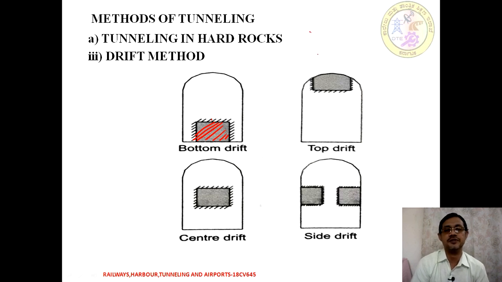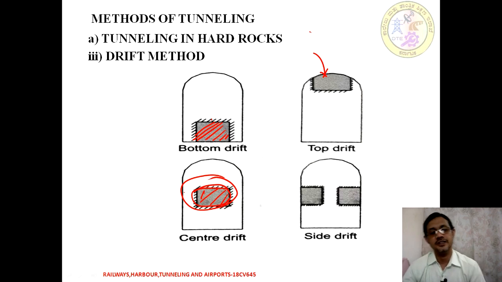Similarly, if you start working from the top, the method remains the same. But if we start drilling the holes from the center, it is going to be advantageous, because as we know, these portions simultaneously can have blasting and ventilation, and it requires a lesser amount of supporting system.